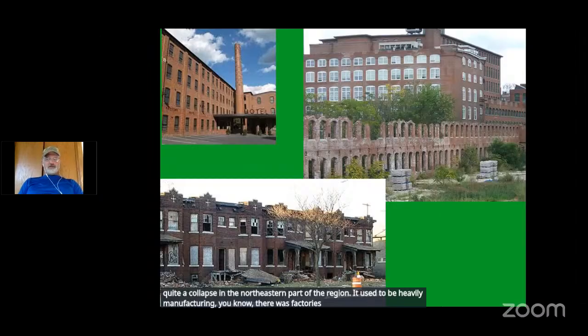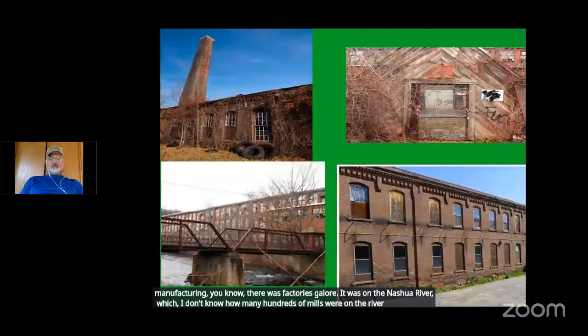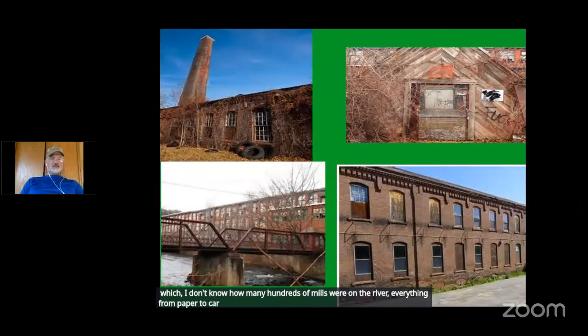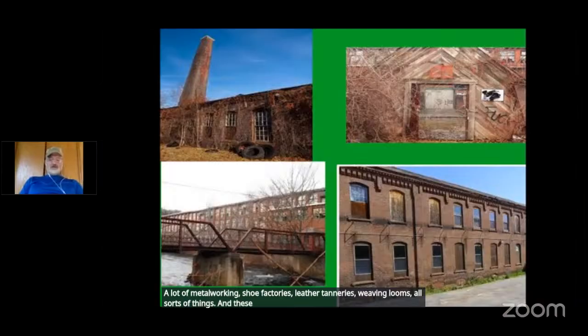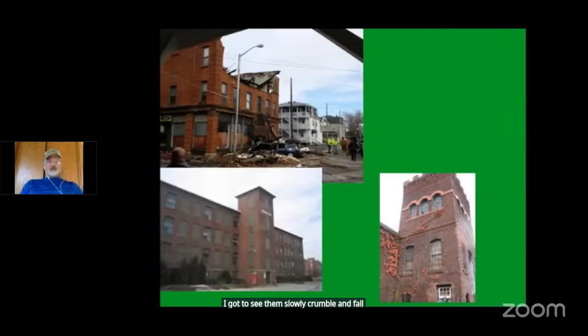There were factories galore on the Nashua River, with hundreds of mills: everything from paper to carpets to a lot of metalworking, shoe factories, leather tanneries, weaving looms, all sorts of things. These are some of the ruins that appeared during my childhood. I got to see them slowly crumble and fall apart. So I've seen a collapse of Rome.